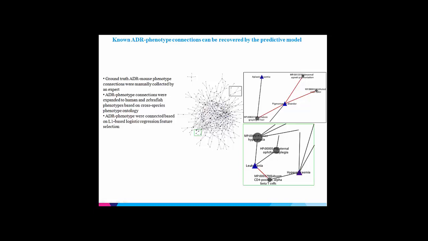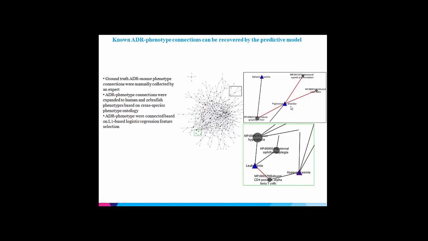And the good thing about doing this is that we have a ground truth of ADR mouse phenotype connections that were manually collected by a pharmacologist. And then we can benchmark the network of the ADR phenotype connections based on this. And then in this network, we are able to recover those connections.